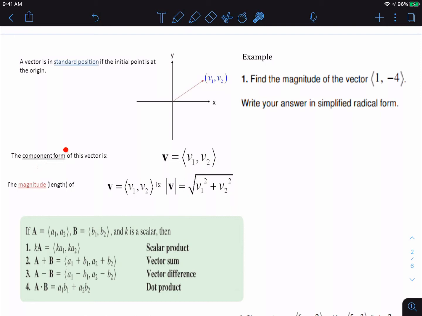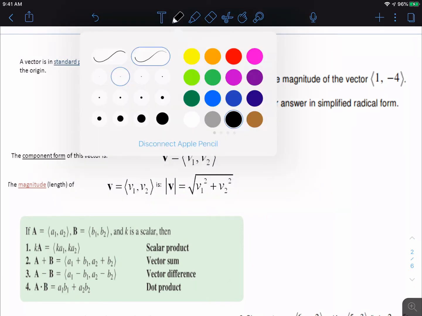Now, when we talk about component form, you know how we have x comma y for our point on a coordinate plane? Well, in vectors, we think of them as vector 1 and vector 2. So let me draw a picture just so you guys can kind of understand. So let's say that this was V1 and this was V2. Actually, I drew it wrong, so let me fix it.